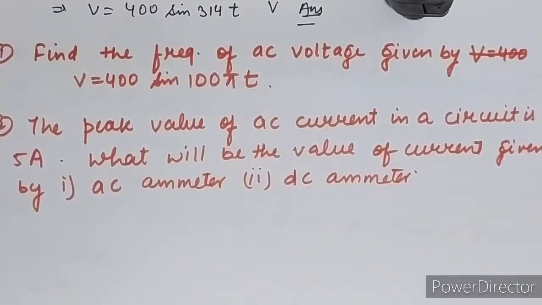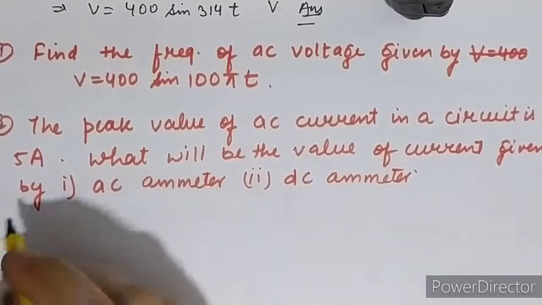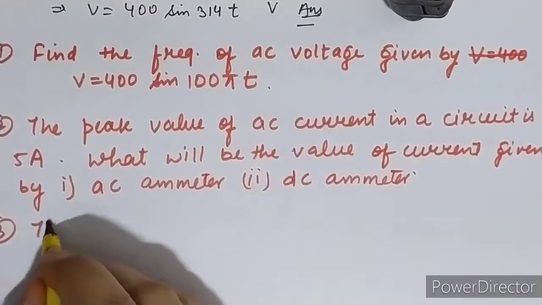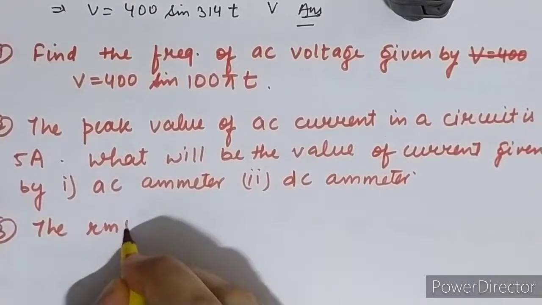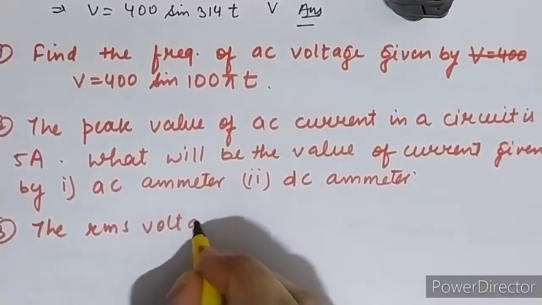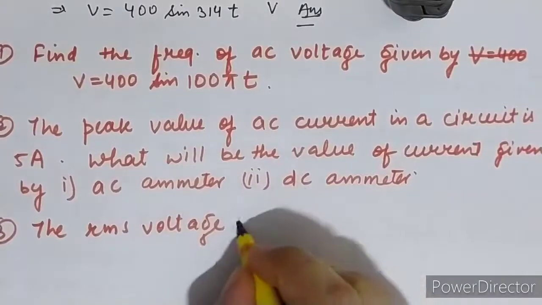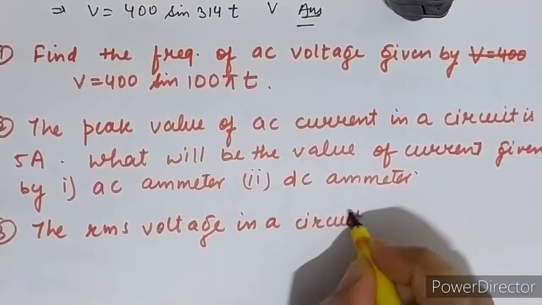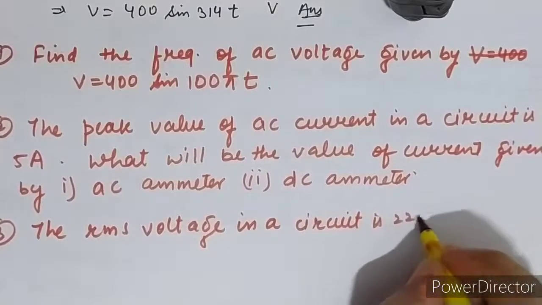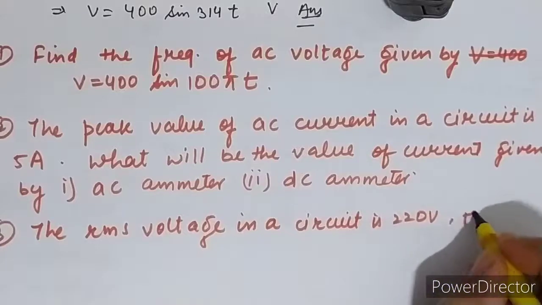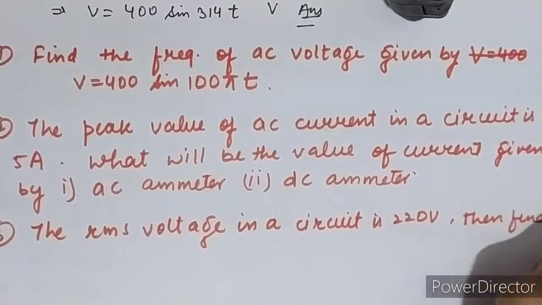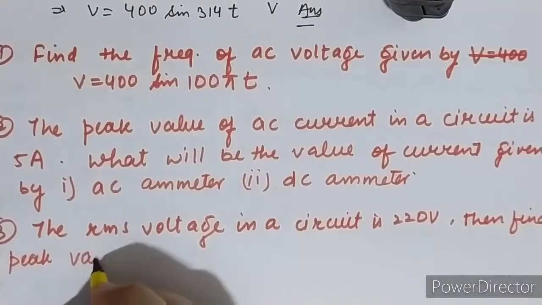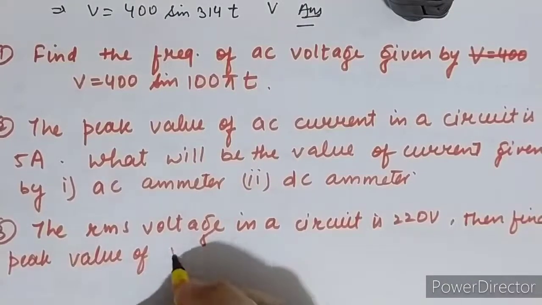Okay, clear? Next, third question: the RMS voltage in a circuit is 220 volt. Then find the peak value of voltage.